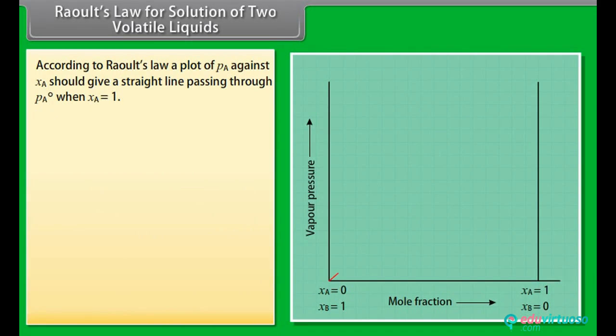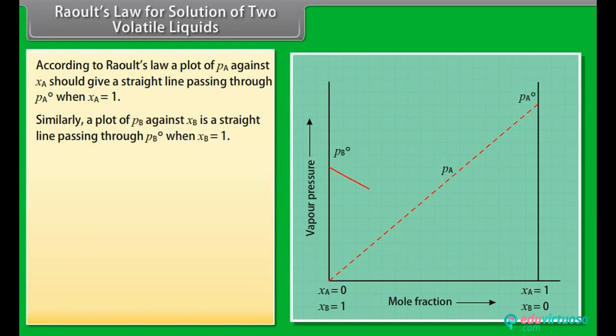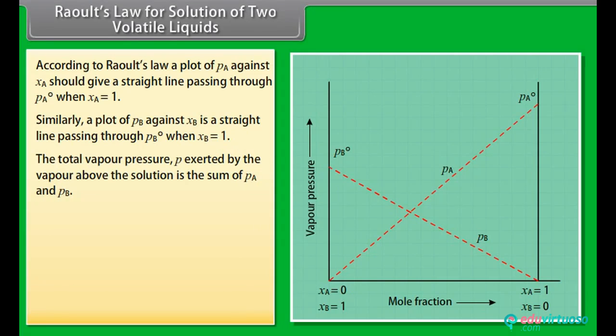According to Raoult's Law, a plot of PA against XA should give a straight line passing through P°A when XA is equal to 1. Similarly, a plot of PB against XB is a straight line passing through P°B when XB is equal to 1. The total vapor pressure, P, exerted by the vapor above the solution is the sum of PA and PB. P = PA + PB.